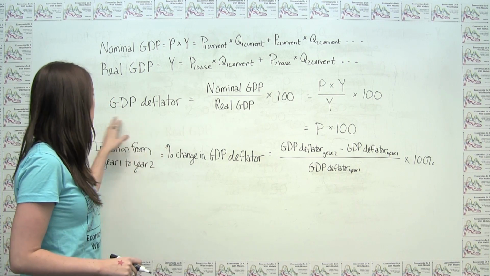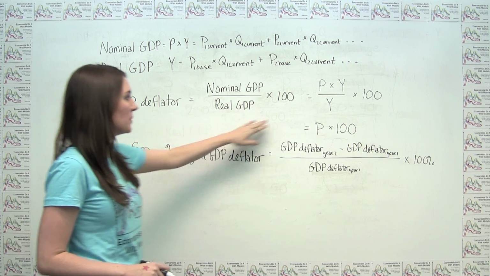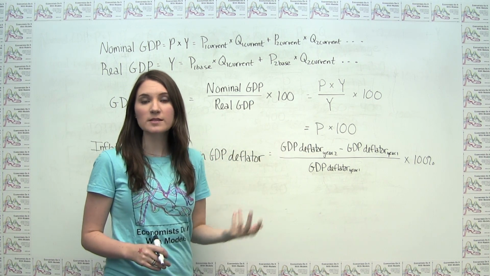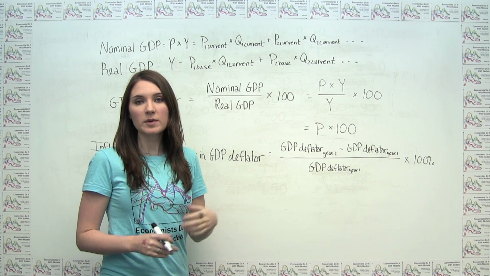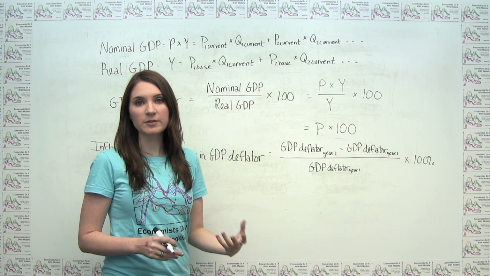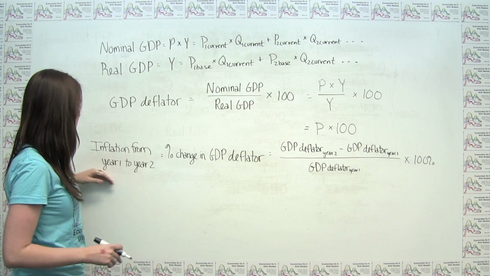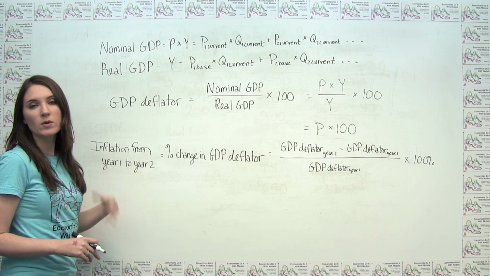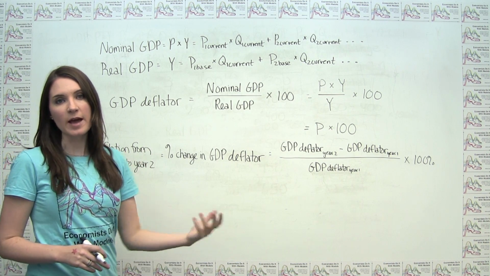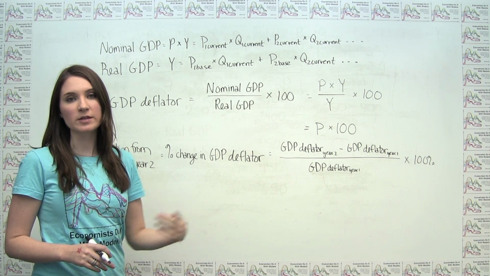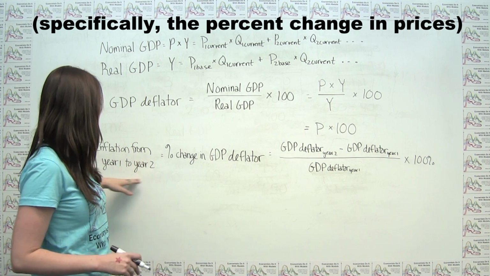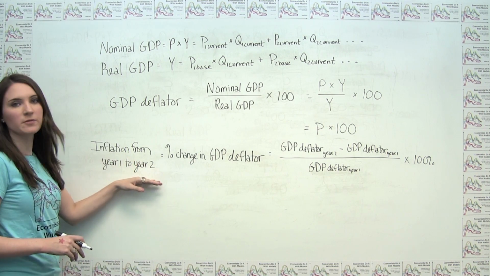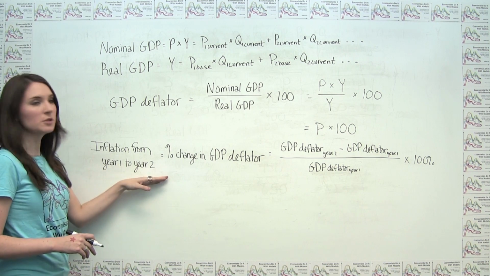Because we've defined the GDP deflator to be a measure of an aggregate price level in an economy, we can even use the GDP deflator to calculate one measure of inflation, which is just the change in the aggregate price level from one period to the next. So for example, from one year to the next. Here we've defined those years as year 1 and year 2.